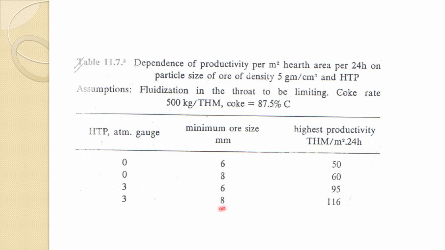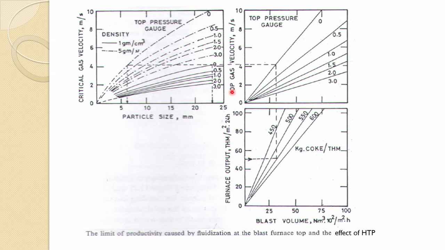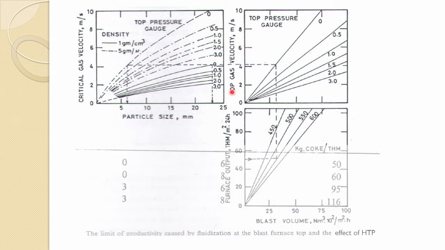And when the minimum ore size is 8 millimeter, it further increases the productivity. So, this gives you an idea of how top pressure is beneficial in increasing the production. For the same case, from 50 to 95, it has almost doubled, and one can also choose the appropriate parameters from this figure for higher production.